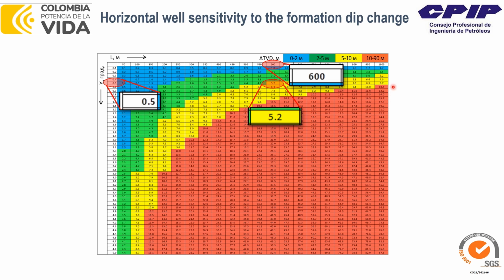And if you look again at the entire table, you can see that most of the wells are in the green or in the yellow or in the red zone. So for most of the wells, by default, even with calm geology, like marine sands, which don't have much fluctuation in depth, just plus minus 1-2 degrees, can be decimal degrees, and a horizontal section of less than a kilometer, almost all of them are in the yellow or red zone.